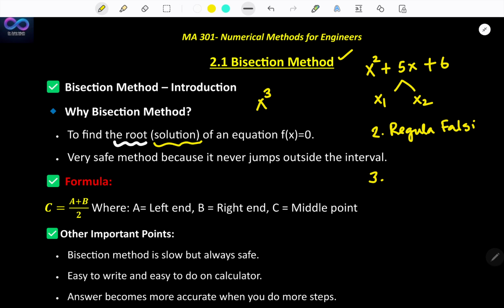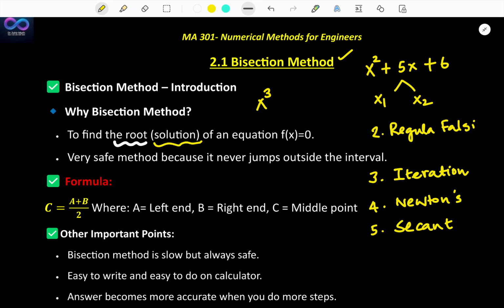The third method is the fixed point iteration method, or you can simply call it the iteration method. The fourth method you already studied in calculus 1, which is Newton's method. And the fifth one we are going to study is the secant method. Each method I will give you in separate videos, one by one.